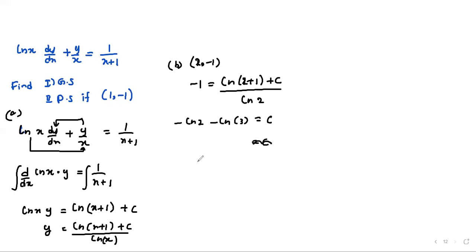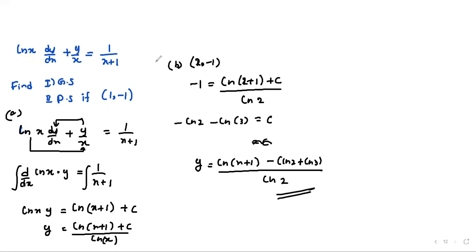So we can go ahead with y equals ln x plus 1 minus ln 2 plus ln 3 divided by ln 2 is the final answer. That's how we need to get the answer for the particular solution for this first order differential equation.